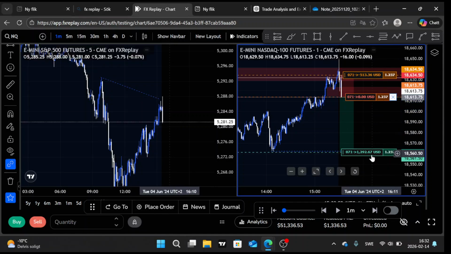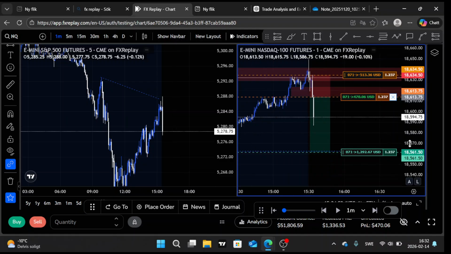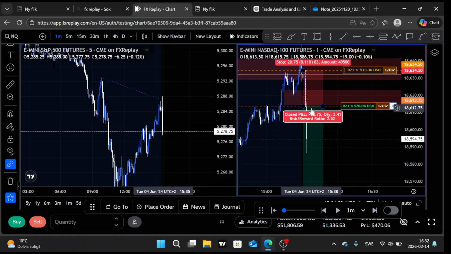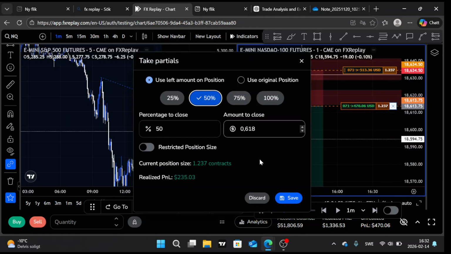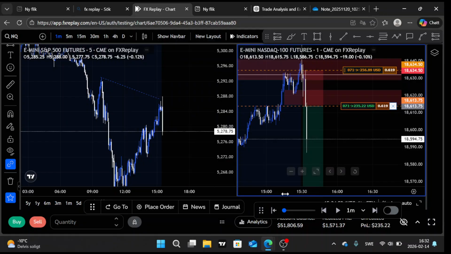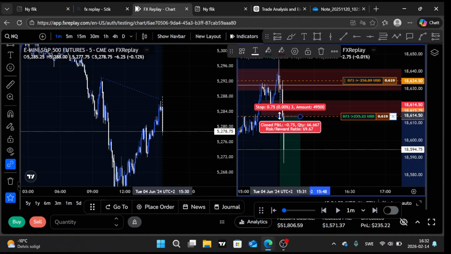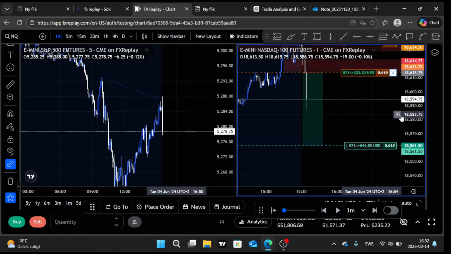And here we go. Here is where I could take my first partial, 50% off, save, and move my stop loss to entry. So now this is a risk-free trade.